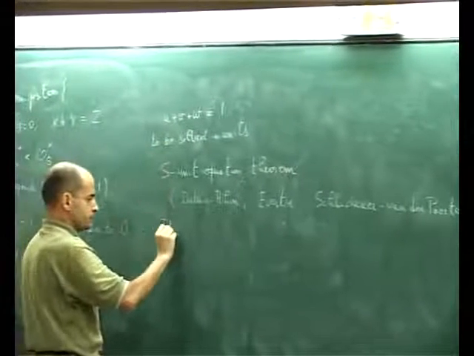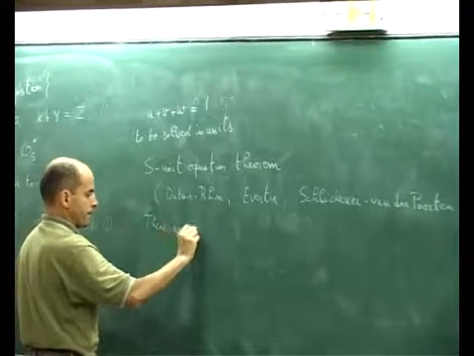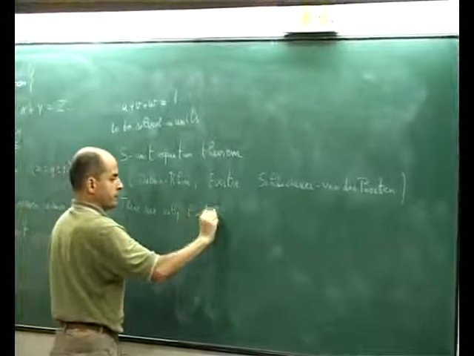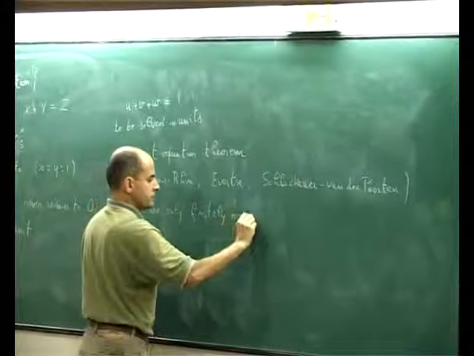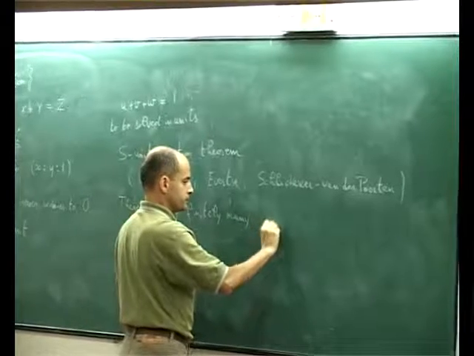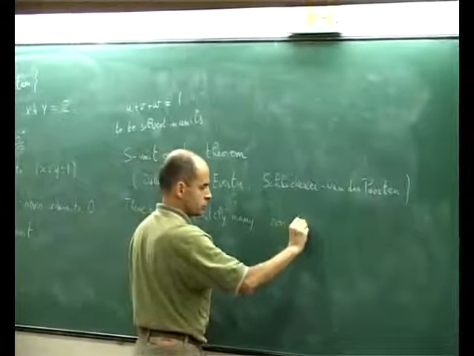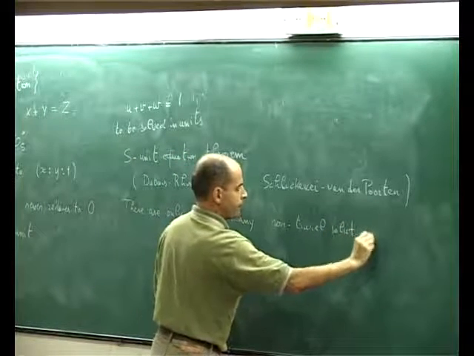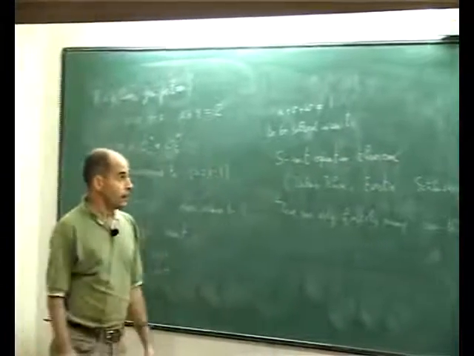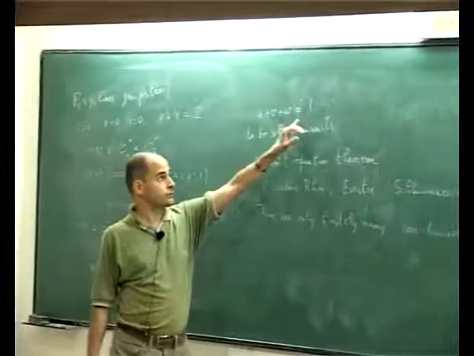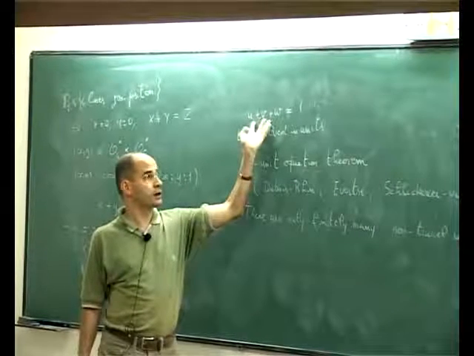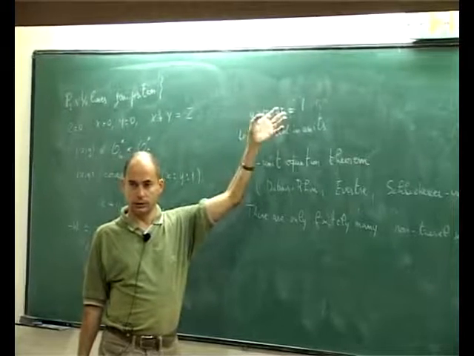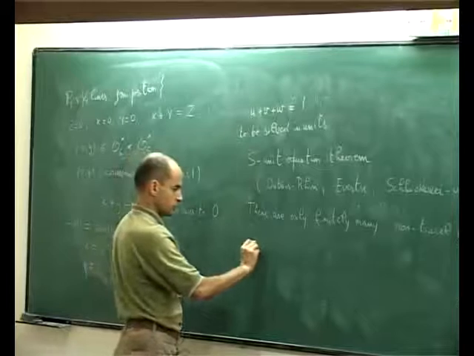There are only finitely many non-trivial solutions, or non-degenerate solutions. Let's call them non-trivial solutions. And trivial solutions are those for which one of the 3 unknowns equals 1 and the other 2 eliminate each other.